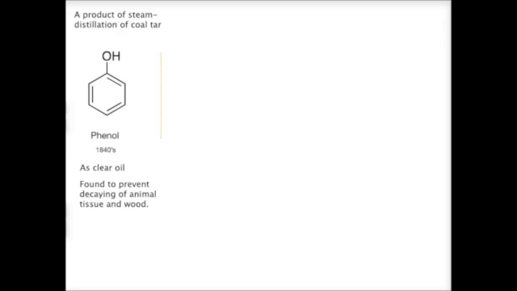Okay, so how was aspirin discovered? Around 1800, there was this production of coal tar. One of the byproducts of the steam distillation of coal tar is phenol, which came out as a clear oil, and it was used extensively in the surgical theater to prevent wound sepsis.